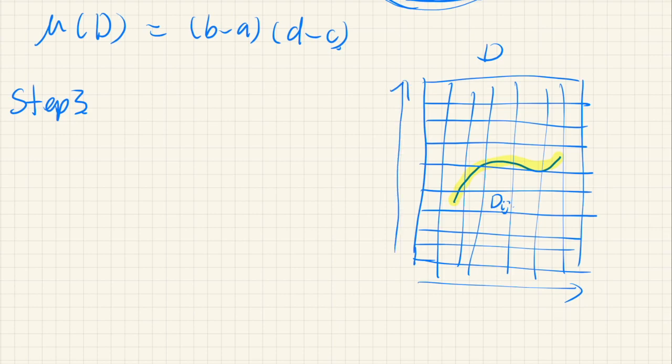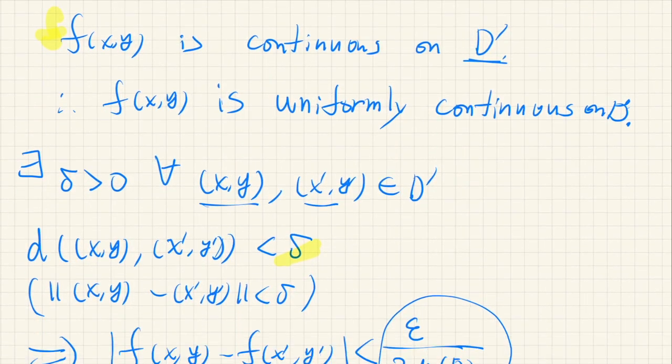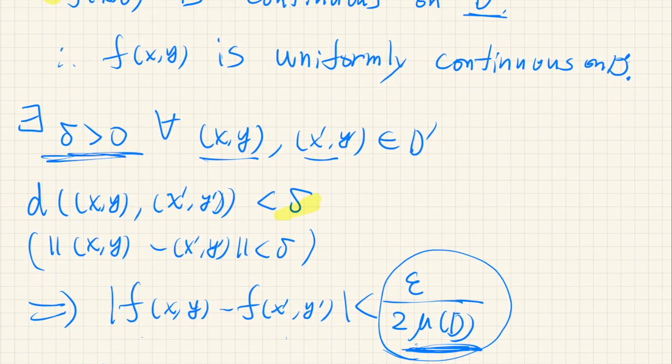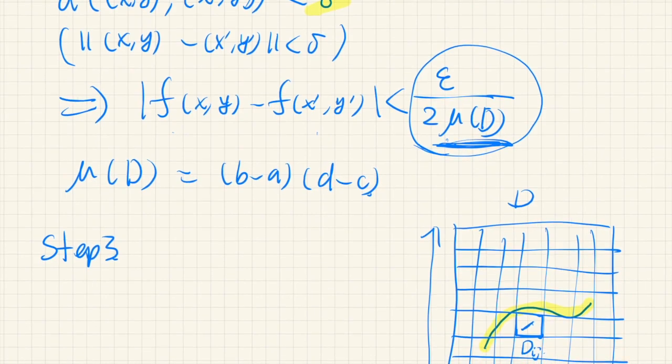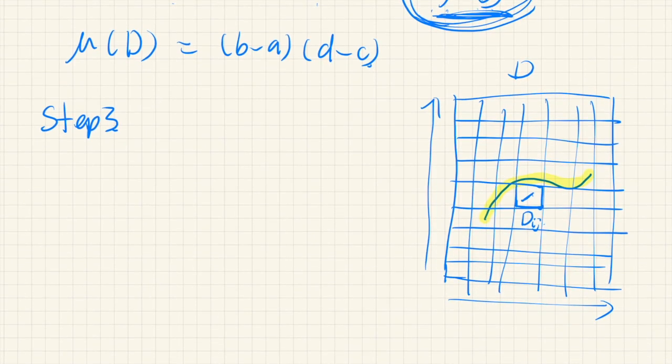In any of these partitions, any two points within one sub-interval have a distance less than delta, the delta we found here. That means the difference of functional values within each of these smaller rectangles is always less than epsilon over 2 mu of D. That's what we mean by a sufficiently fine partition.